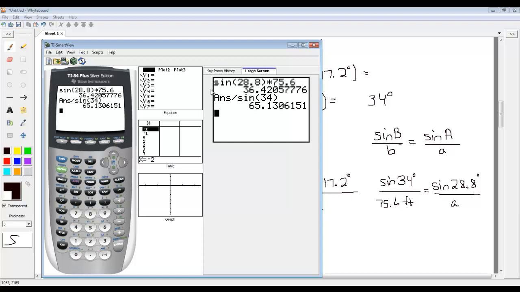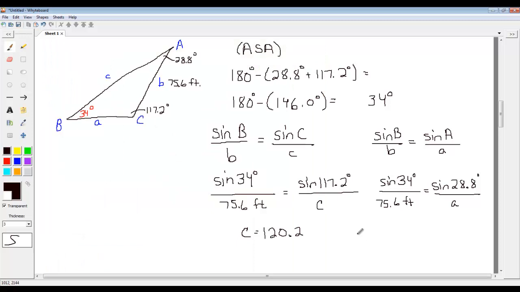And you get 65.1. So then you're able to finish labeling the triangle. So now you know all three angles and all three sides.